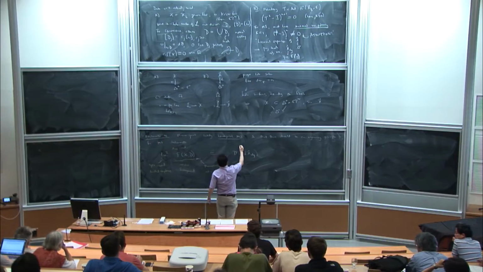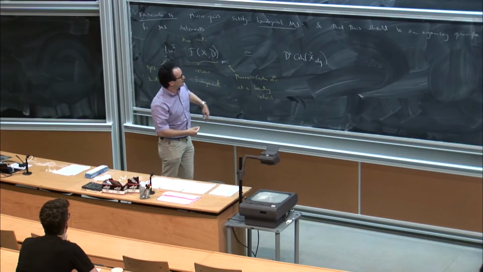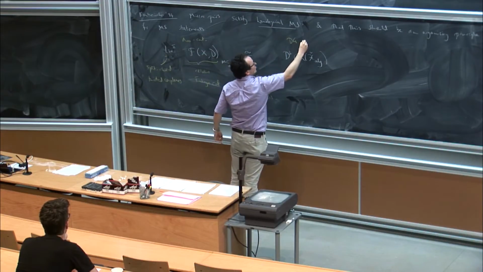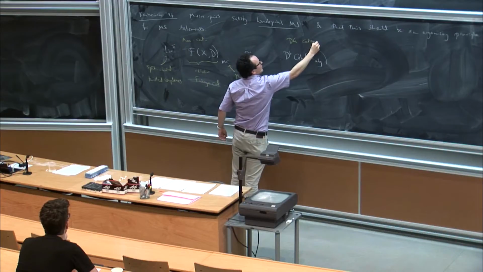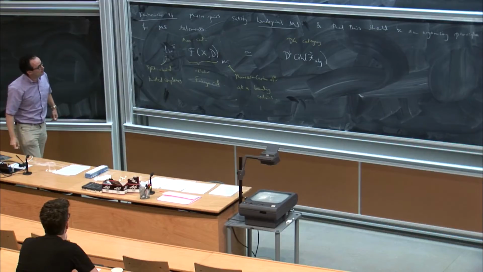This thing here, I write, so this is the usual notation for the derived category. I really mean a differential graded model for it. So it's a differential graded category, which is an example of an A-infinity category.